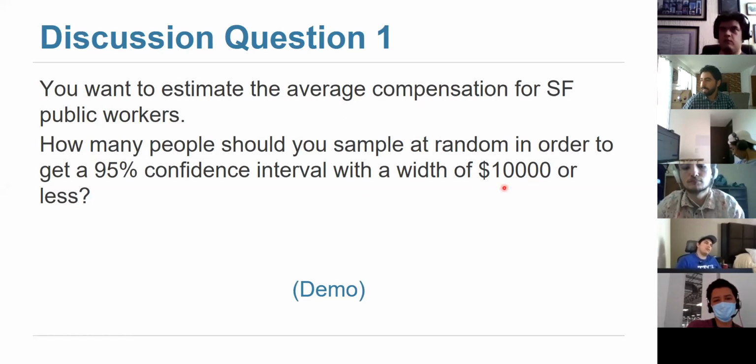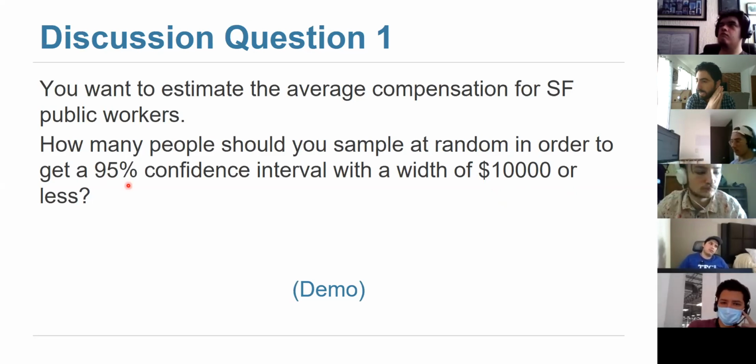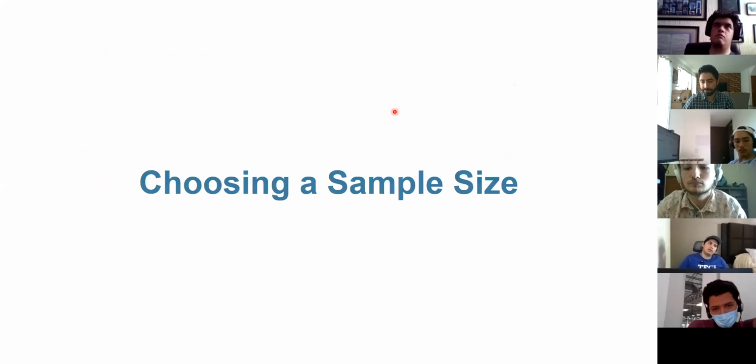So we want to get this width for our confidence interval, so we can say with 95% confidence that most of the San Francisco public workers get this interval of salary per year.